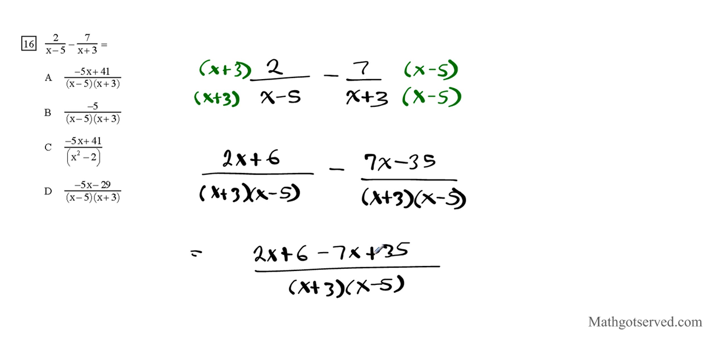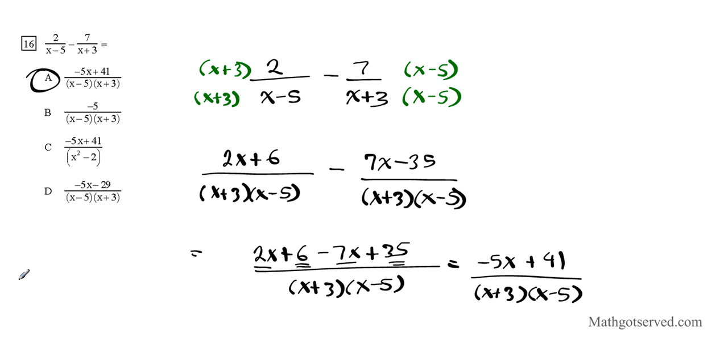Notice how this minus changed to a plus because when you multiply a minus and a minus, it becomes a plus, okay? All right, so we combine like terms, the 7x and the 2x becomes negative 5x. And then the 6 and the 35 becomes positive 41. Okay? So we're going to have negative 5x plus 41 over x plus 3 times x minus 5. And the answer is A.